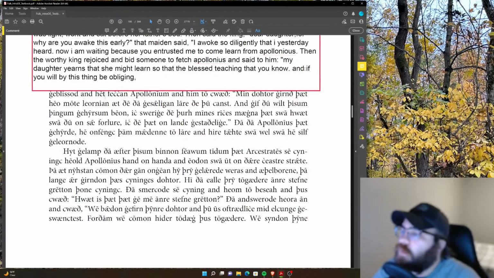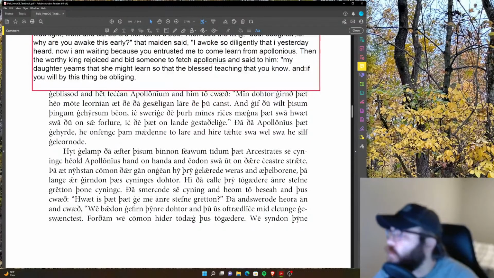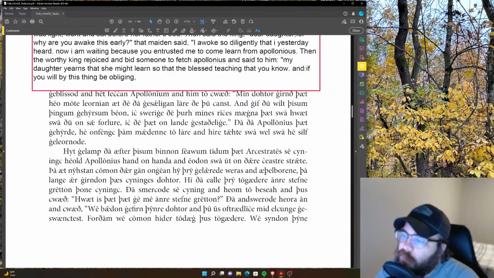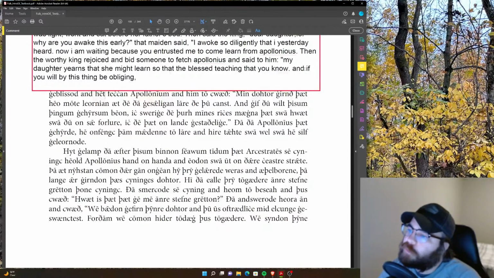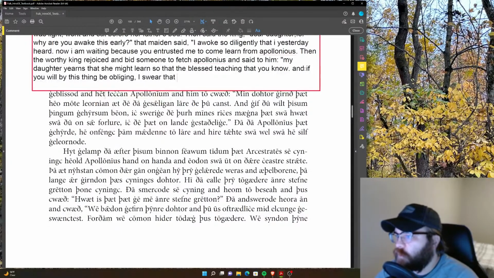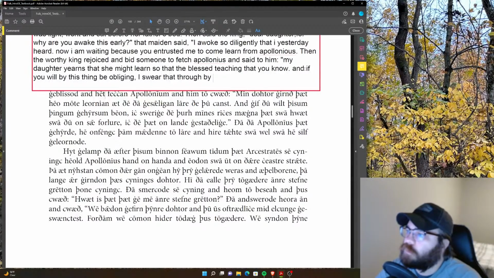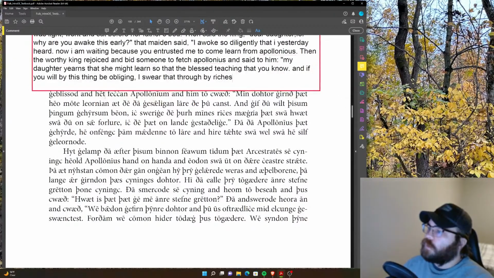Ich sverige det thur minnes rike mania that swa had swa du onse förlur or lure. I swear. That's easy. Through my riches, let's see, what is this?